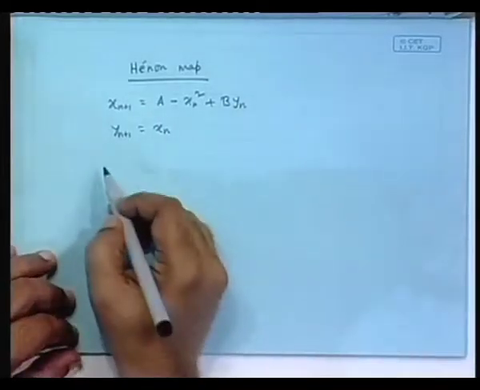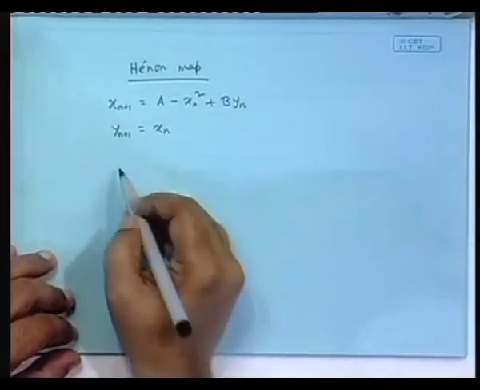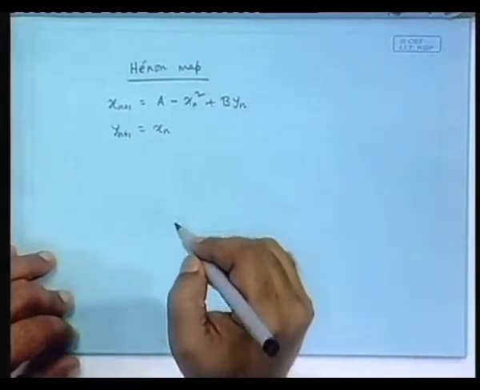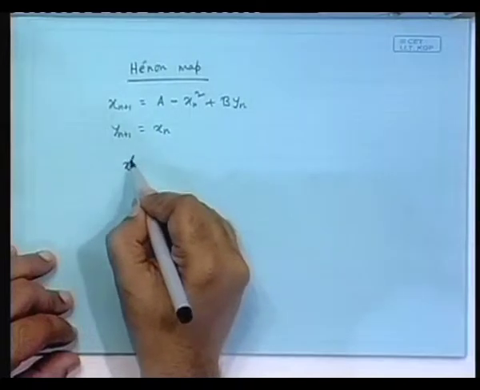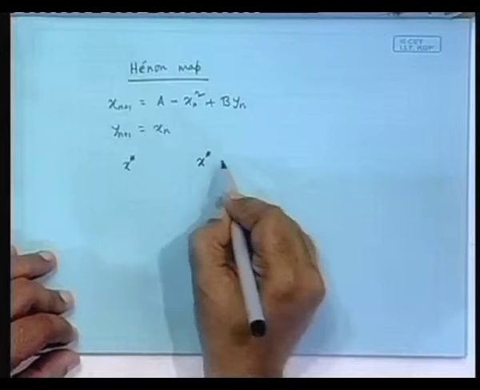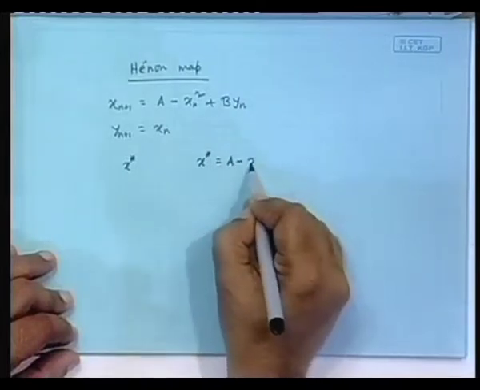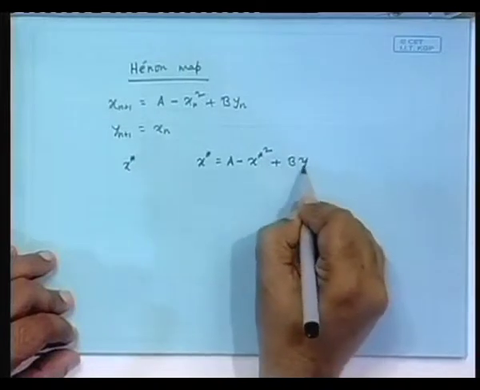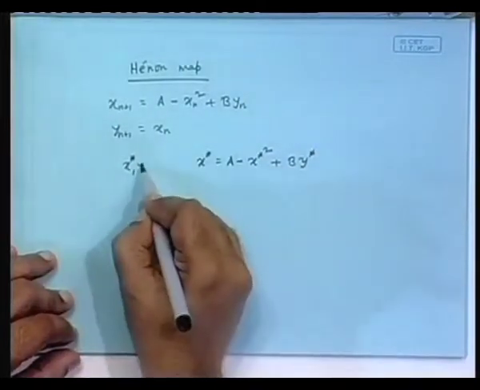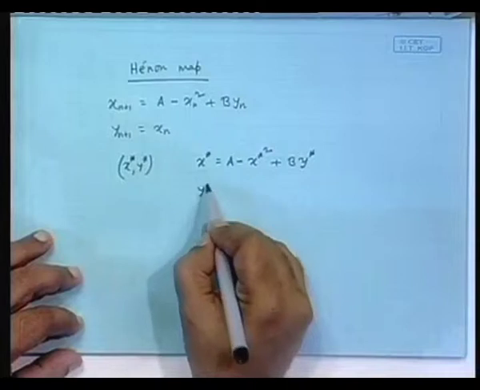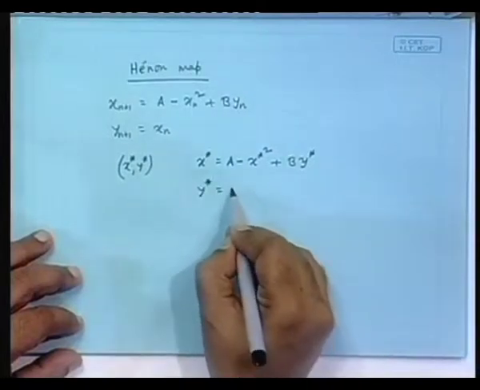In order to locate the equilibrium points, we will have to set x_{n+1} = x_n. Let the fixed point be (x star, y star). So, we would write x star = a - x star squared + b y star. X star, y star is the fixed point, and y star is equal to x star.